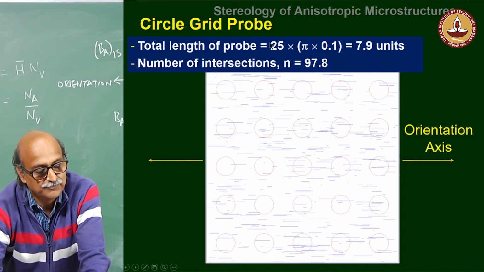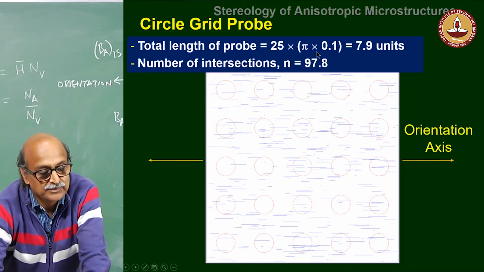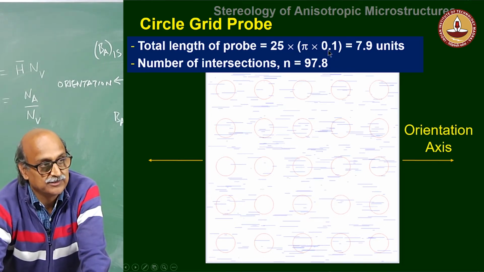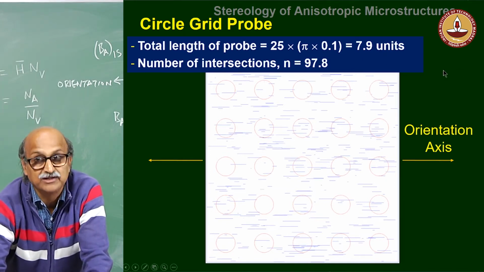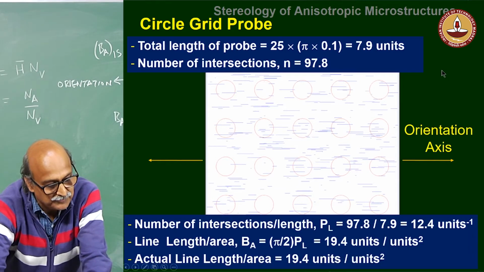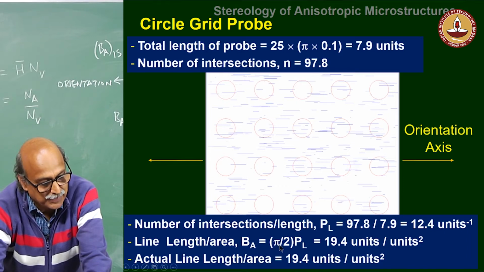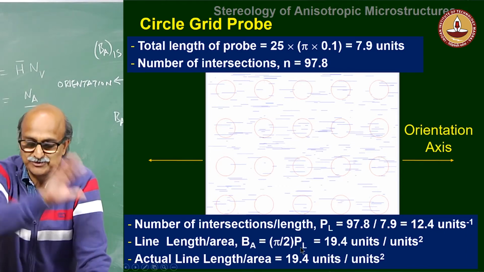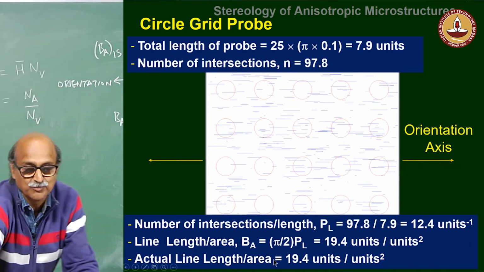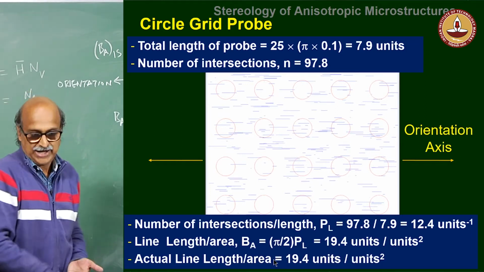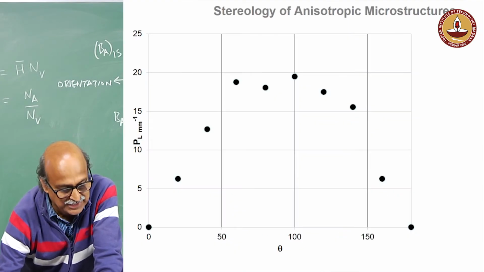Each circle has a diameter of 0.1 units. So, 25 into pi d will give me the total length of these lines. The number of intersections I get is 97.8. So, number of intersections per unit length I will get is 12.4, and then I apply pi by 2 PL because I have measured in all directions. I get 19.4. The actual line length, because this is a simulated structure, is 19.4.